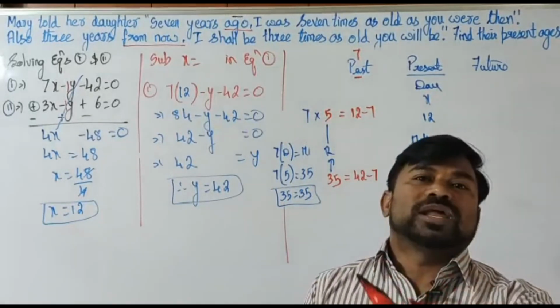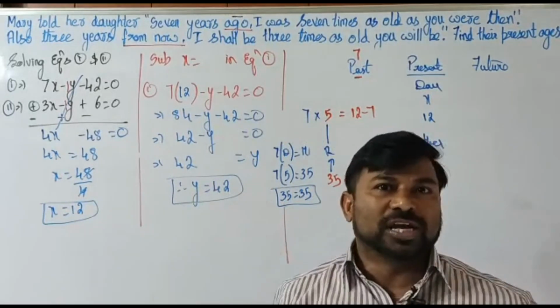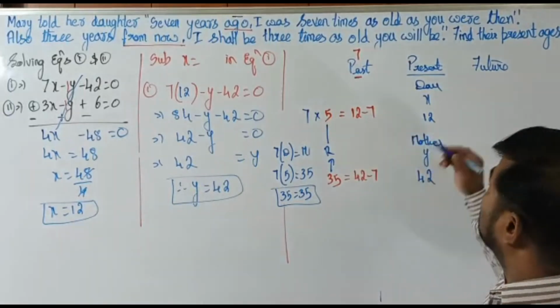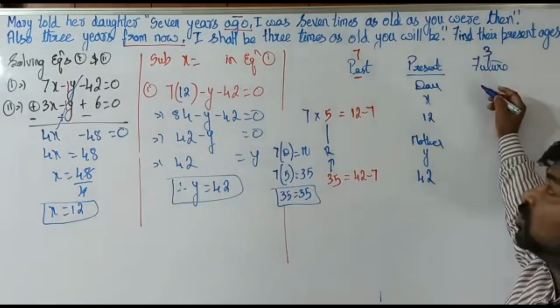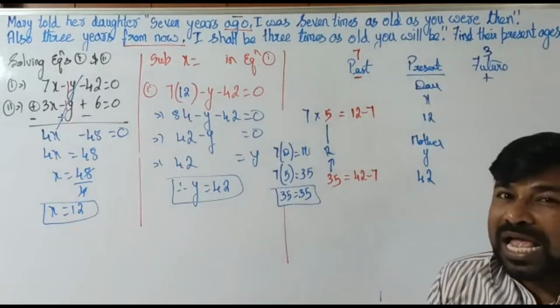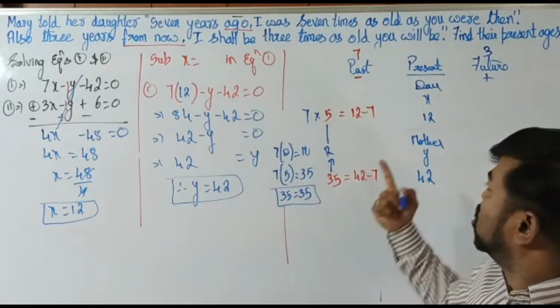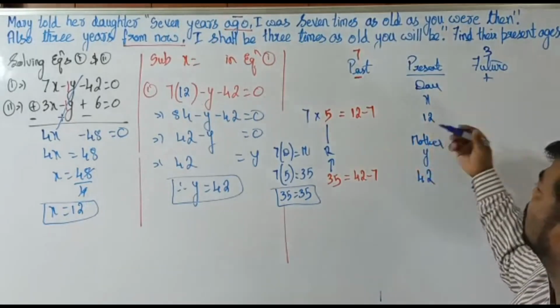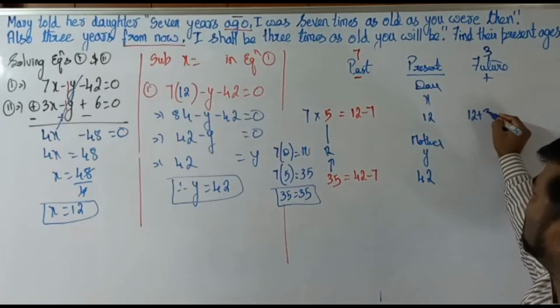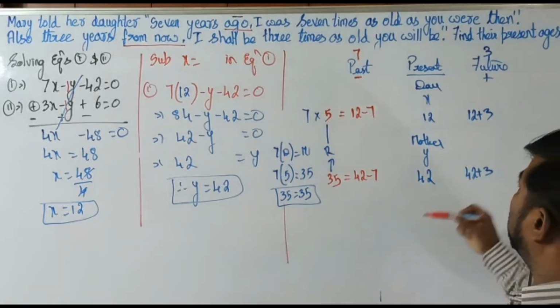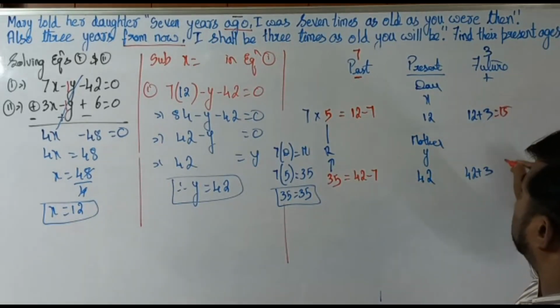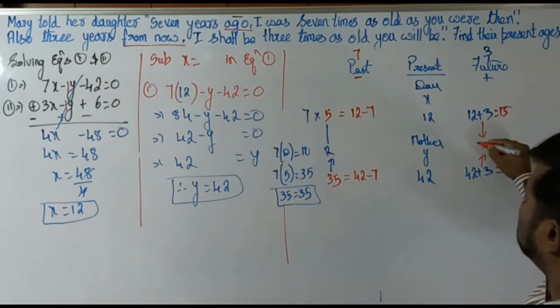Past relation, it's verified. But let's go for the future relation also. How many years is the future talking about? 3. So what should we do? Add it up to the present age. If you add 3 to this one, 12 plus 3 and 42 plus 3, here it's 15 and here it is 45. What is the relation he has given?